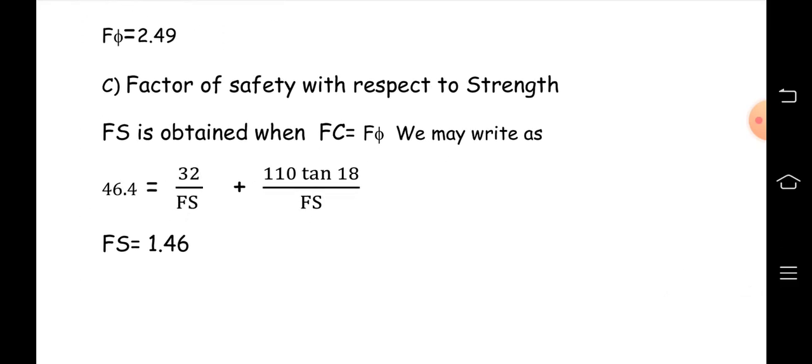So now we are going to calculate the factor of safety with respect to strength. Okay. Factor of safety with respect to strength, when will we get it, that is factor of safety is obtained when Fc equal to Fphi.